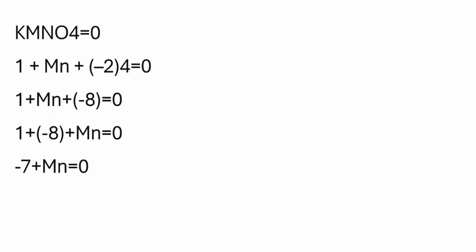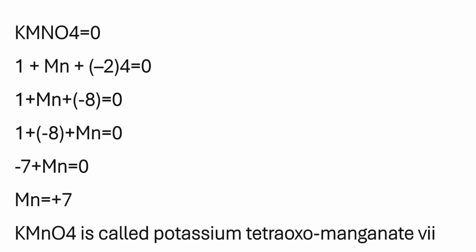So at the end of the day, their sums should equal 0. So when we collect like terms and make manganese the subject of the formula, we have +7. Please make sure you include the sign for clarity purpose. So +7, as in this case. So manganese has an oxidation state or oxidation number of +7.